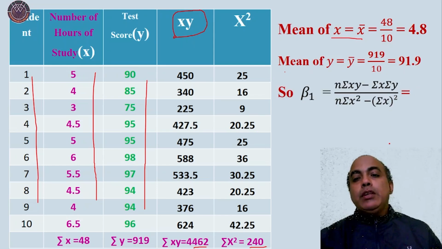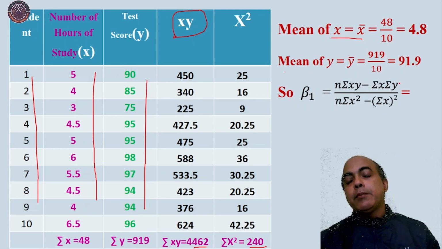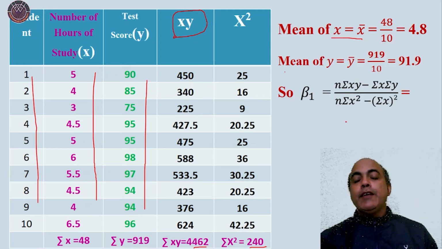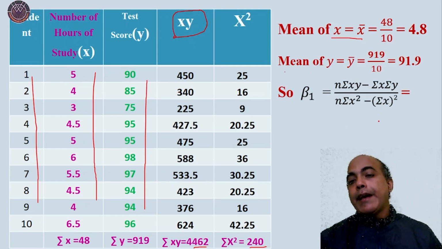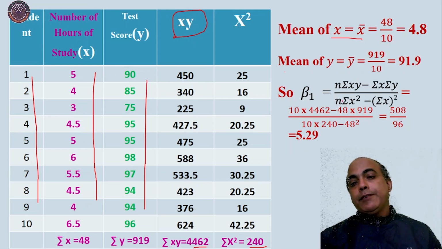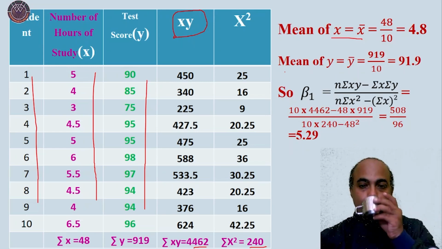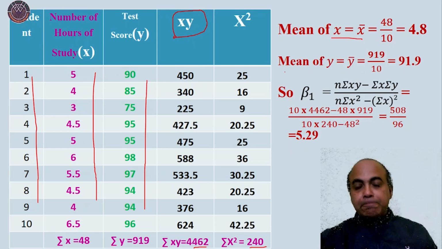Using the previous formula for beta 1, summation xy minus summation x into summation y, over summation x square minus summation x square, and putting the values in, we get beta 1 as 5.29.